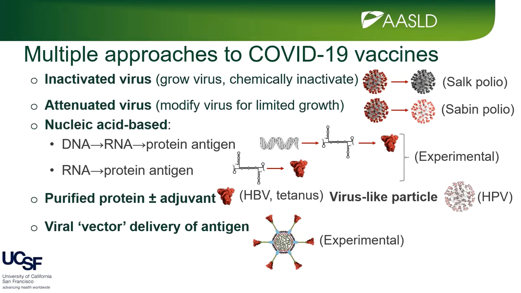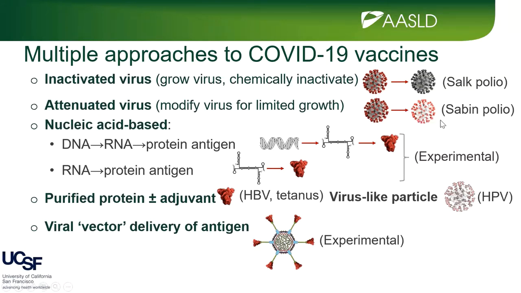The next approach that I've listed here is an attenuated virus, and that is essentially accomplished by modifying a virus either by targeted engineering approaches or by random attenuation through serial passage. And the goal is to obtain a virus that really is unable to fully replicate and grow to high levels, but maintains its immunogenicity. And so in the cartoon there, I've shown that this fully colored SARS-CoV-2 virus kind of turns pale.